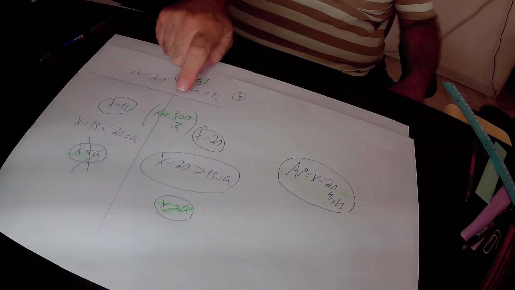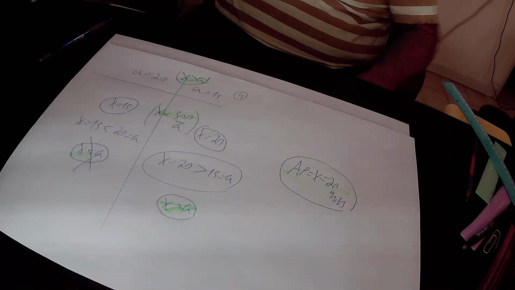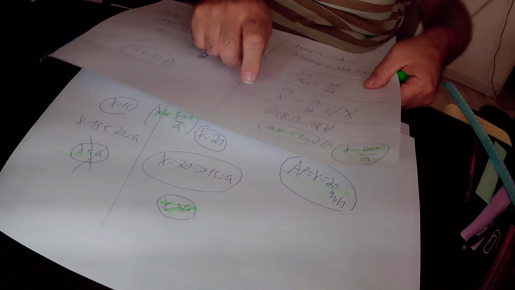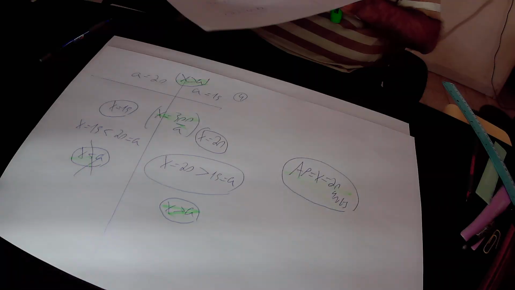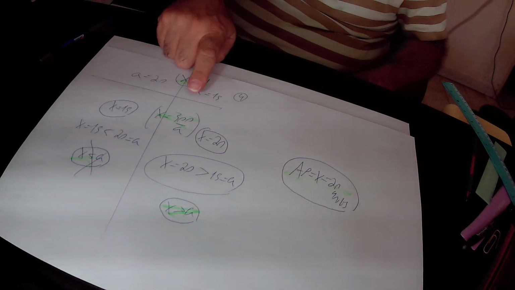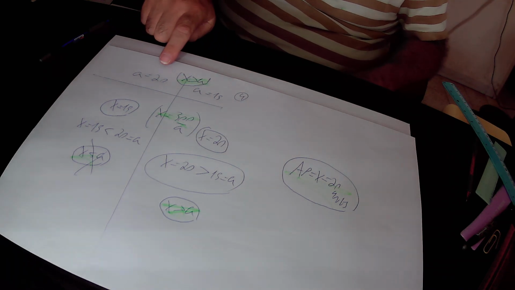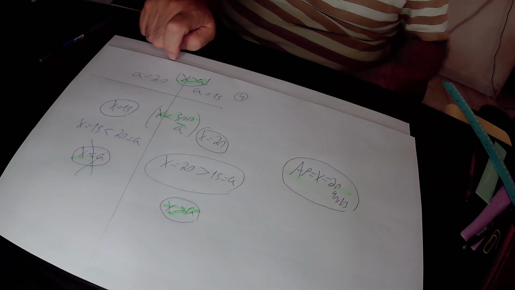We already found out that X equals 300 over A. Therefore, if A equals 20, it means that X equals 300 over 20, which is 15.